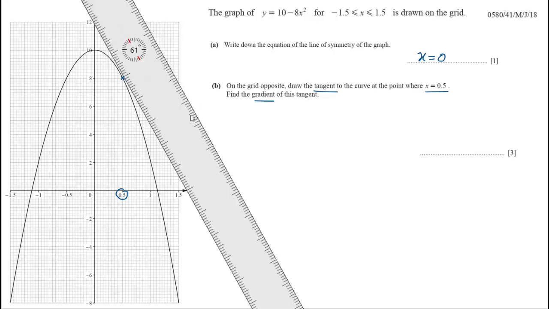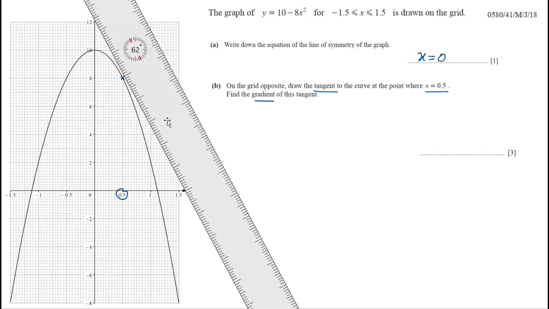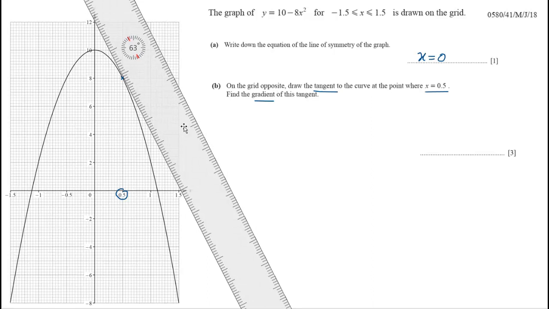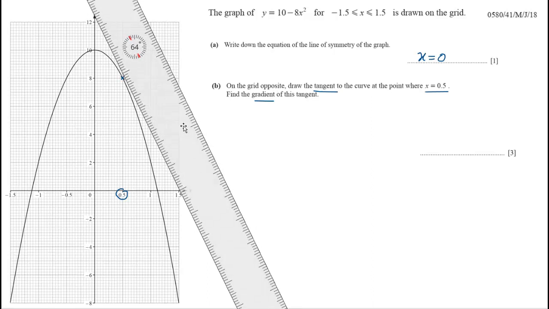Let me put the ruler here. Adjust the ruler so that this angle and this angle must be equal. Just a little bit more. I think it's good because the gap over here and the gap over here look equal.